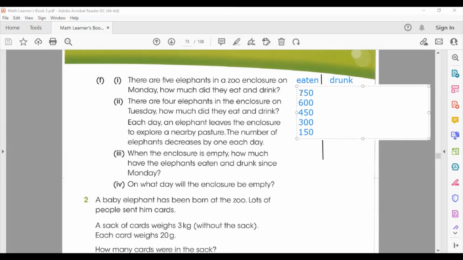So it's starting from Monday, Tuesday, Wednesday, Thursday, Friday. Friday, the last day, the last elephant leaves the enclosure to explore the nearby pasture. So on what day will the enclosure be empty? You can write here Saturday.